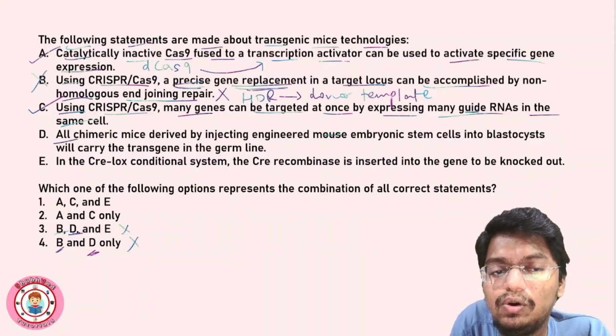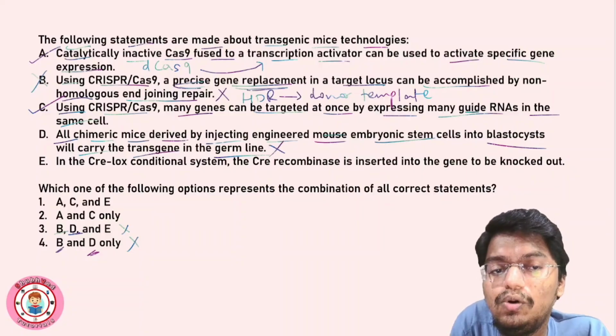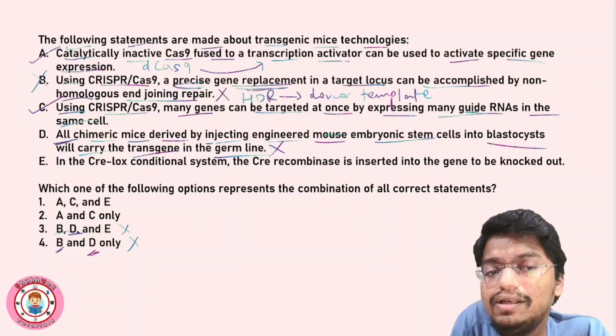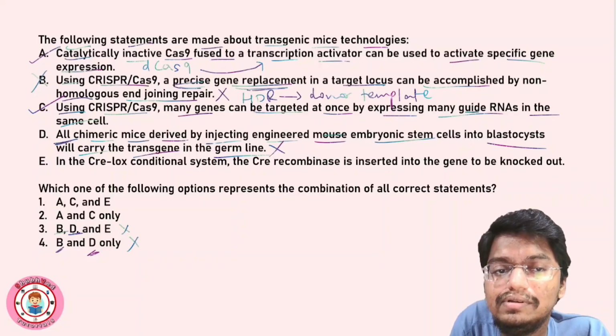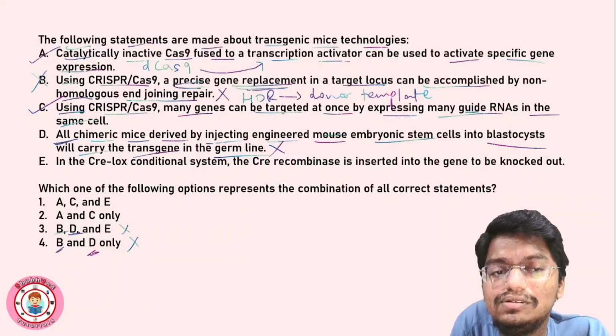Next, all chimeric mice derived by injecting engineered mouse embryonic stem cells into blastocysts will carry the transgene in the germline. Wrong. All is an extreme statement. All mice will not carry the transgene. Just as we know recombinants are also not all cell recombinants, right? So this is wrong.